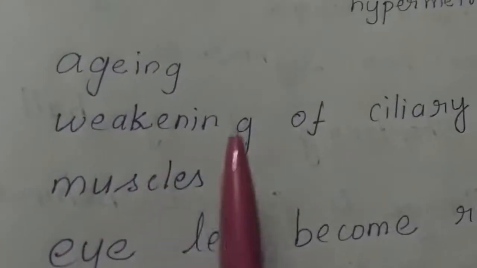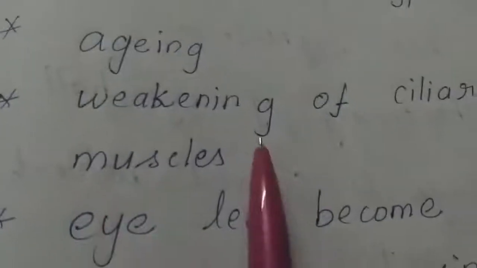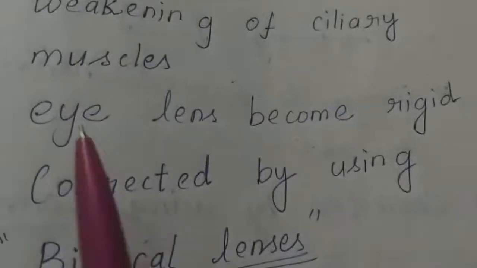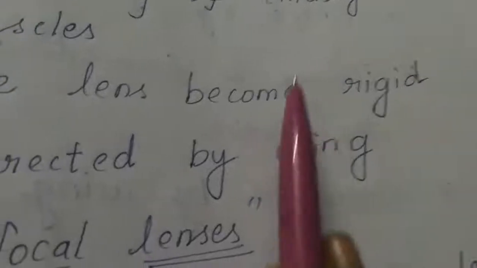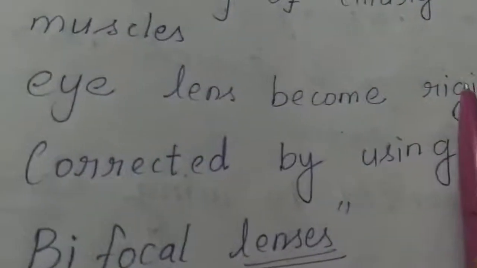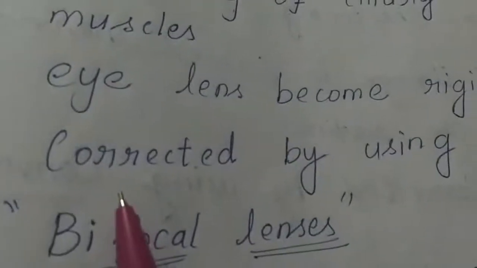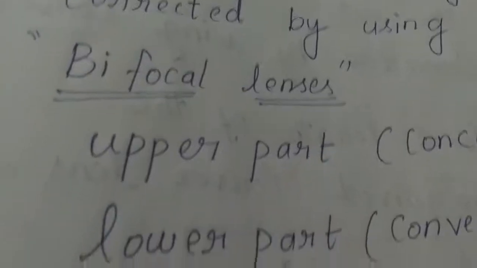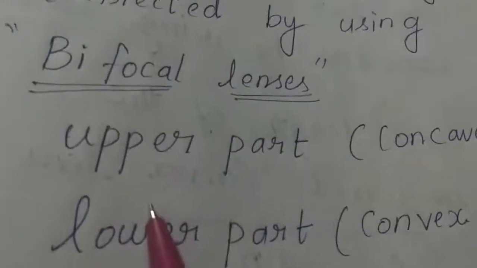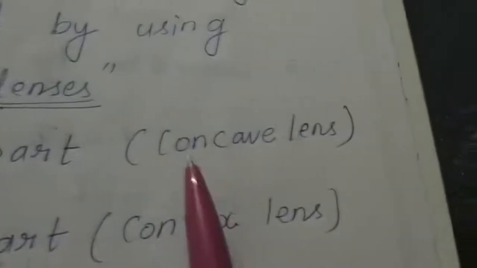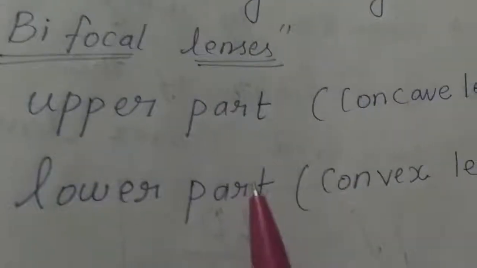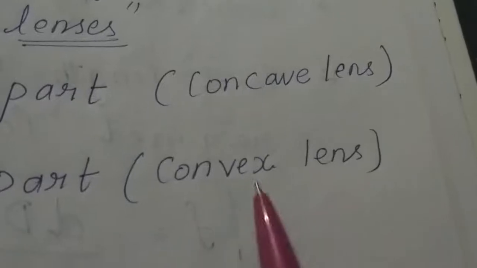Presbyopia is caused due to aging and weakening of ciliary muscles. The eye lens becomes rigid, meaning very strong, and it is corrected by using bifocal lenses. In bifocal lenses, the upper part consists of a concave lens and the lower part consists of a convex lens.